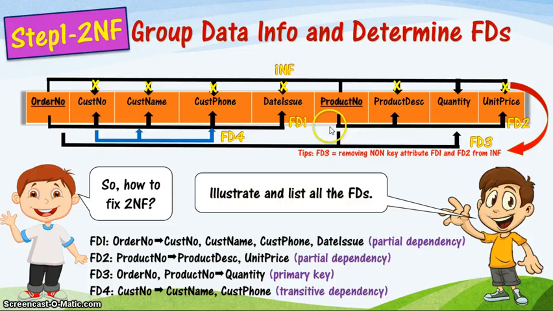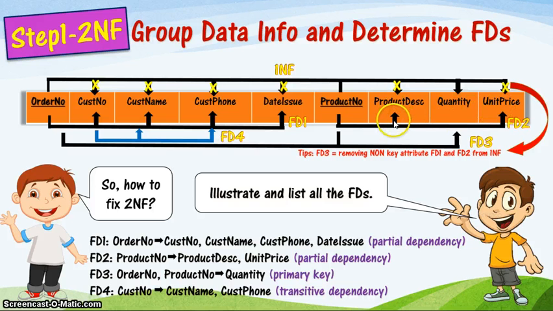Next info is about product. Do you remember? The attributes related to the product are product number, product description, and unit price. We know that previously one of the PK is product number. So you illustrate non-arrow, determining product description and unit price.